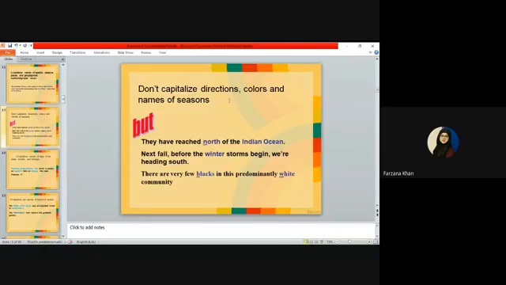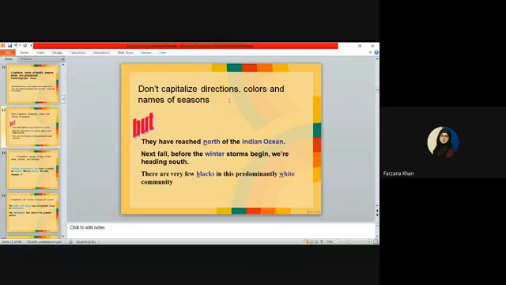But if the names of directions, colors, and seasons come at the very start of the sentence, then you will follow the first rule of capitalization, which means capitalize the first letter of every starting sentence.